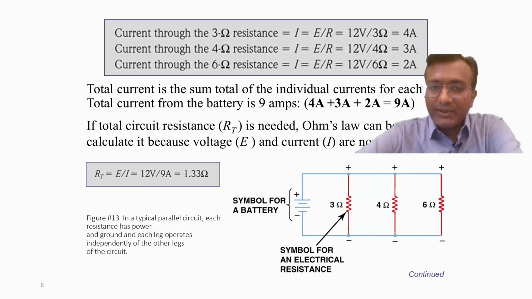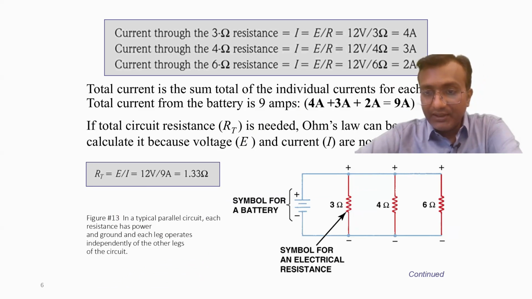Suppose the supply voltage is 12 volts. I know the values of 3 and 12, so I can determine the current flow. Here the current will be 12 divided by 3, which is 4 amperes. Here the load will be 12 divided by 4, 3 amperes, and here 12 divided by 6, 2 amperes.